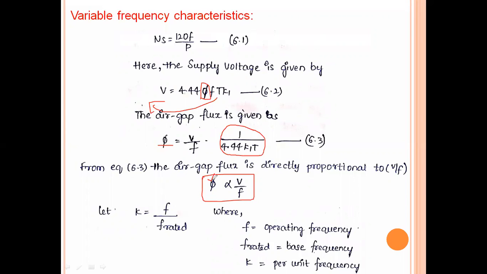So in order to keep this flux constant, or bring the flux below the saturation point, we have to control the stator voltage to some extent for these low frequency values. This is very important.